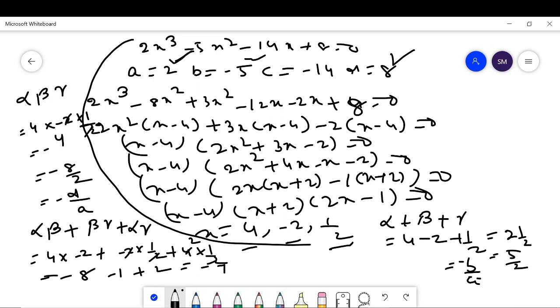Minus 7 can be written as minus 14 by 2, which is C upon A. Hence verified the 3 identities of the relationship between the 3 zeros and the coefficients of the cubic polynomial.